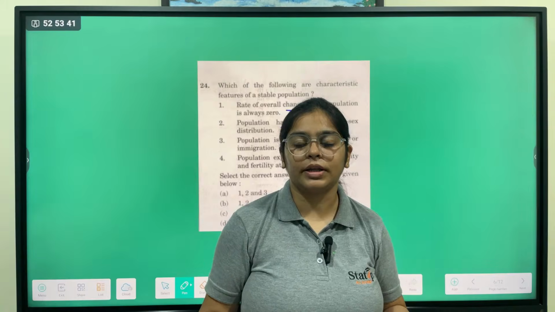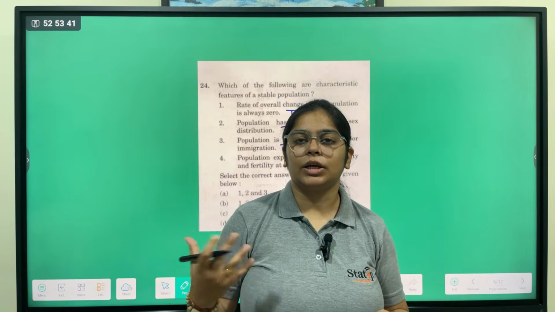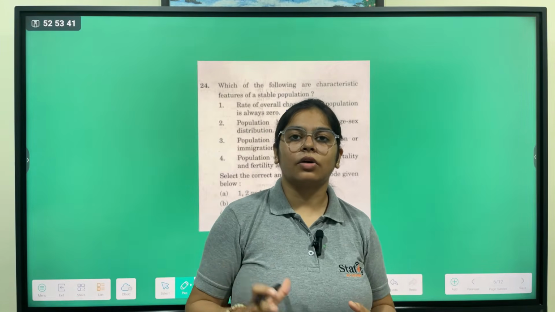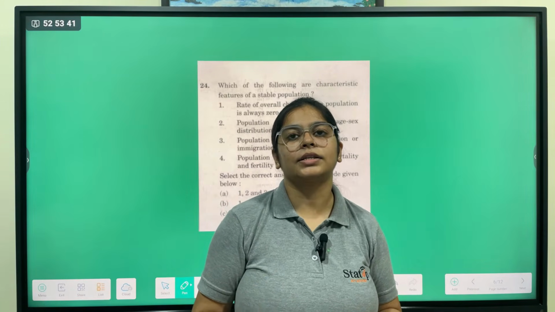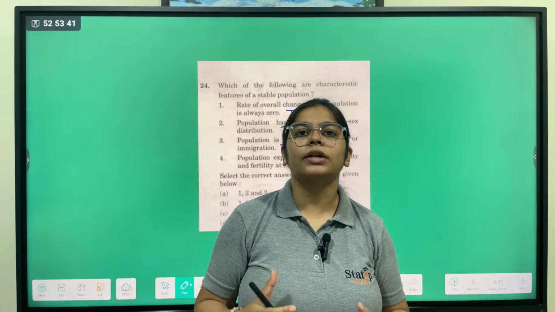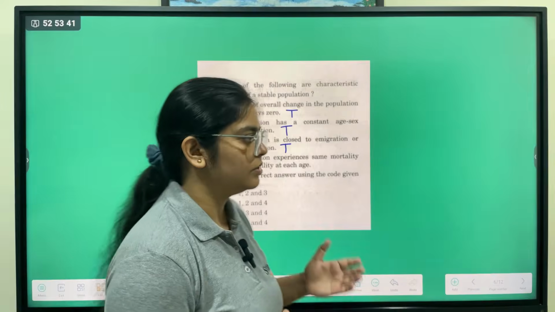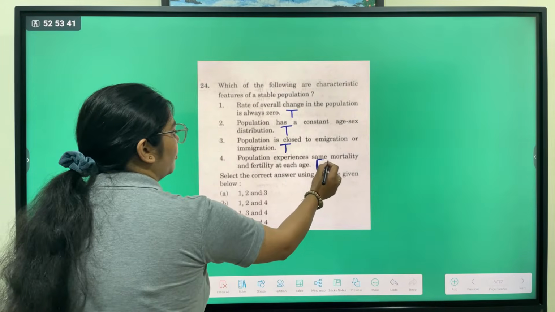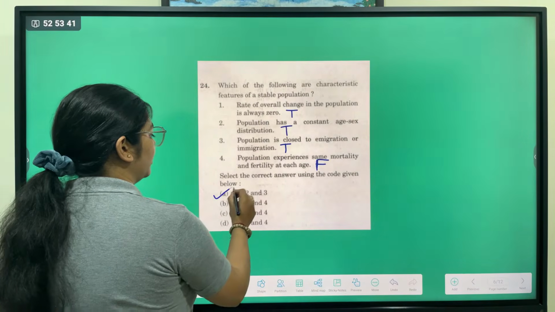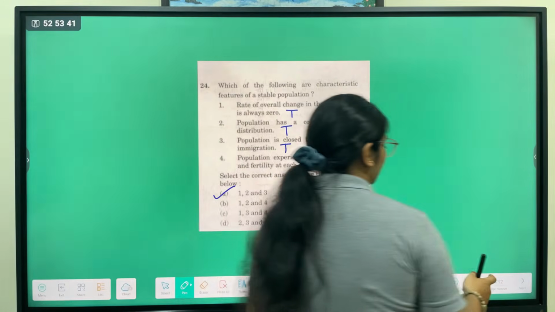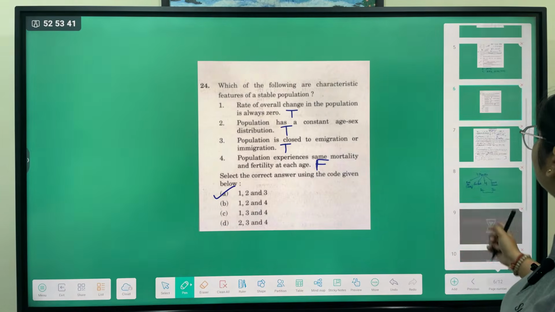The persons who are born this year will not be exactly equal to the persons born next year. Miraculously, it can happen, but it is not necessarily possible. So this statement is false, and hence options 1, 2 and 3 are correct, which states that option A is the correct option.